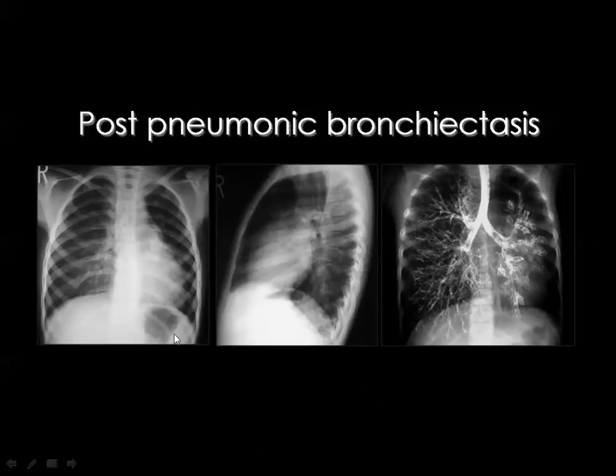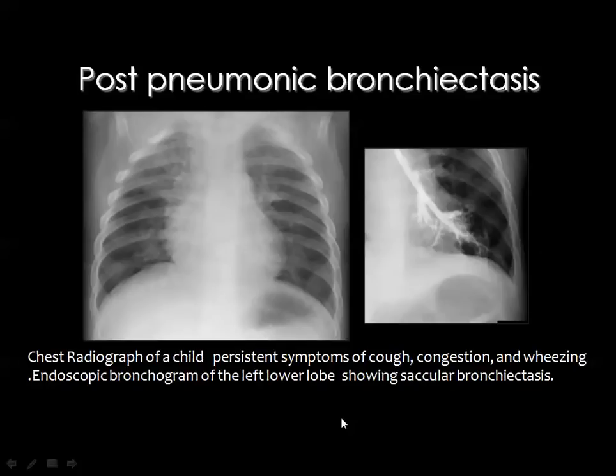In this child, you see that the heart is displaced a little bit to the left side. And by bronchography, you see that most of the right lung is good, but the left lung has some bronchiectatic changes throughout all the main and the subsegmental bronchi.